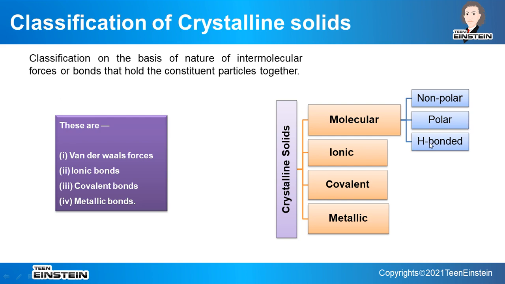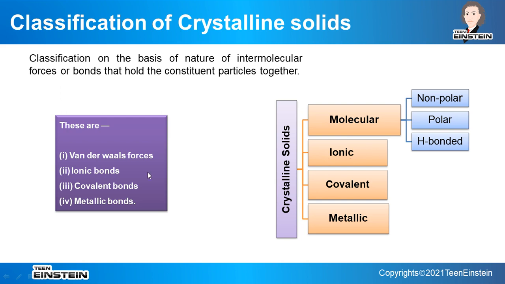Okay, and next is ionic bond. When there is ionic interaction present between ions, obviously as we are saying ionic bonds, ions must be present. So ionic bonds will result in ionic solid.